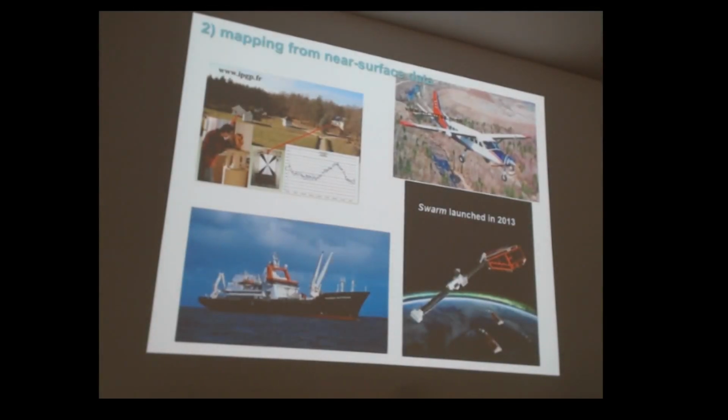Okay. So now, how do we get all this data? First of all, a very nice place to monitor the field in real time, but very poor in space: magnetic observatories. They are very important because when you want to make a survey, it's very nice to have a nearby magnetic observatory, so that you don't have to care about the effect of the external field changing during the survey.